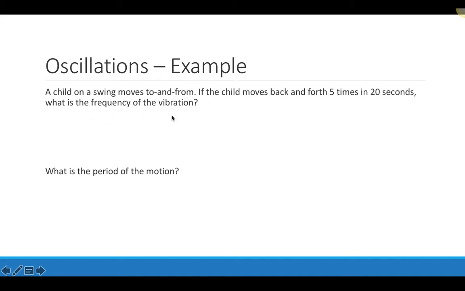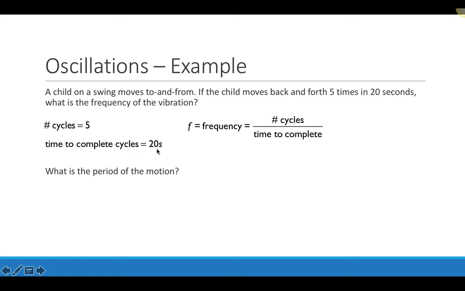Anything that has this oscillatory motion, we could calculate the frequency for. We know that frequency is the number of cycles divided by the time to complete those cycles. The number of cycles is 5, that's the back and forth motion of 5 times. The time is 20 seconds. So I can take 5 cycles over 20 seconds, and I get 1/4 cycles per second, which is hertz, so that's 0.25 hertz.